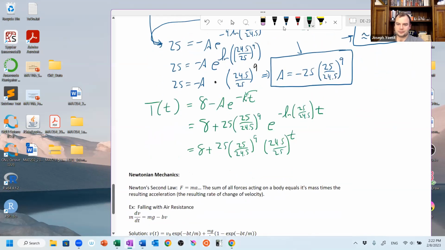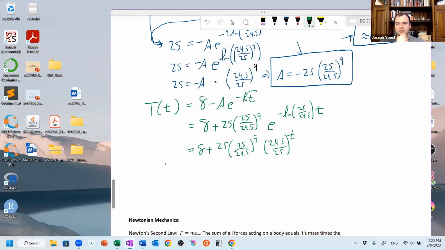So I can probably go a little further with this to simplify. If I make this a negative 9, that flips those.